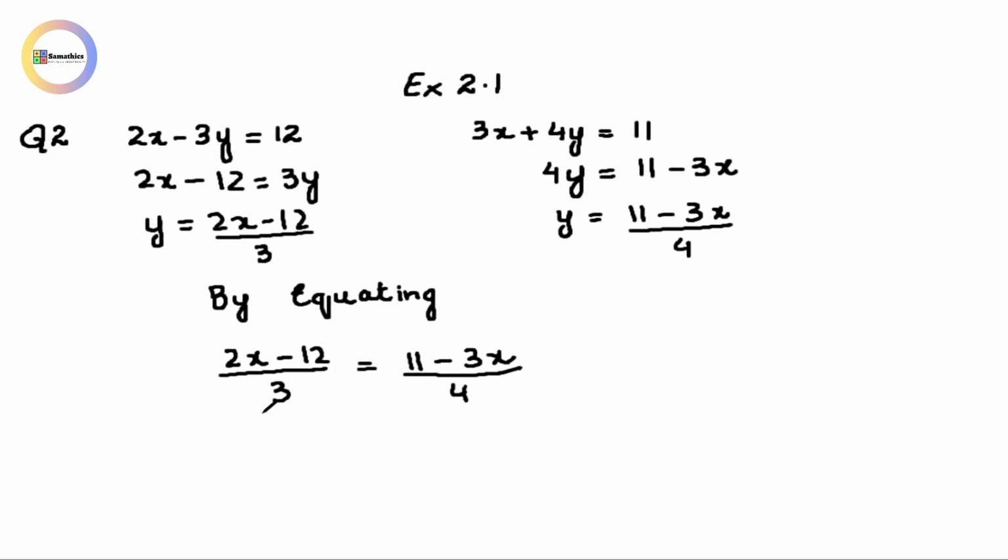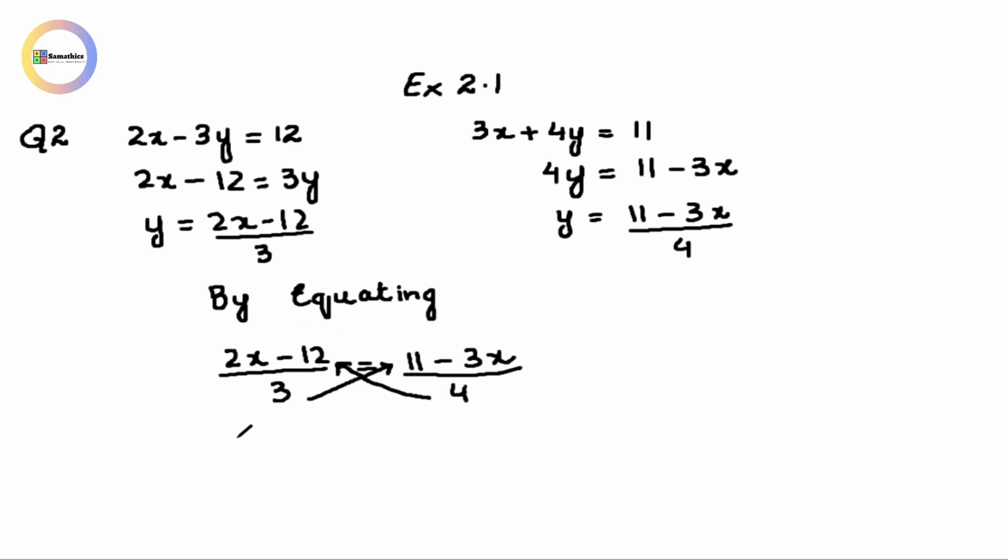Now you will have to do cross multiplication. 3 is to be multiplied with this and 4 is to be multiplied with this, because whenever denominators are there, we have to remove the denominators. So when you multiply 4 by this, 4 will be multiplied by both of these.